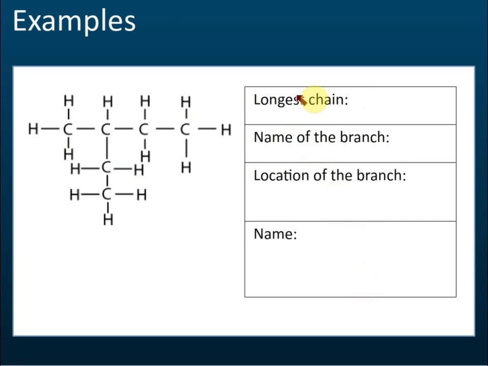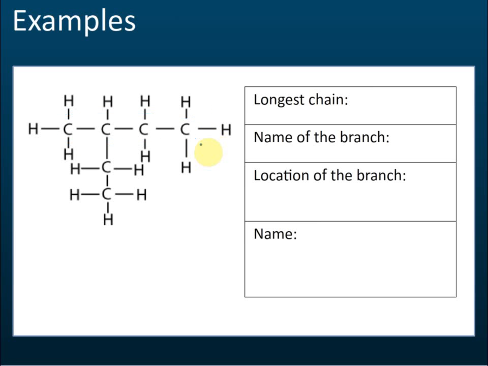The first thing, we try to identify the longest chain. How many carbons are there in the longest chain? 5. Okay, that's correct. If you take this as the longest chain, that's not correct, because this one has only 4 carbons.